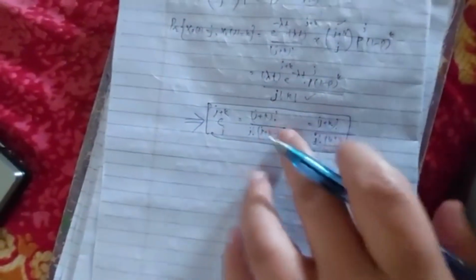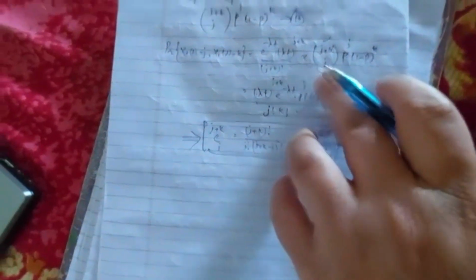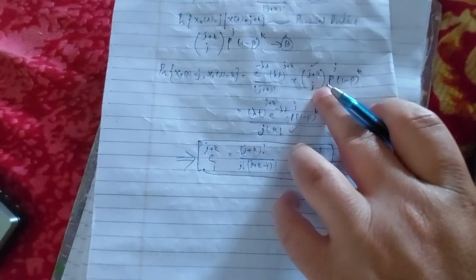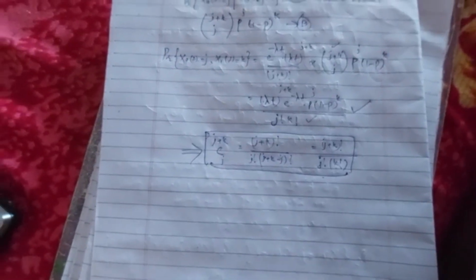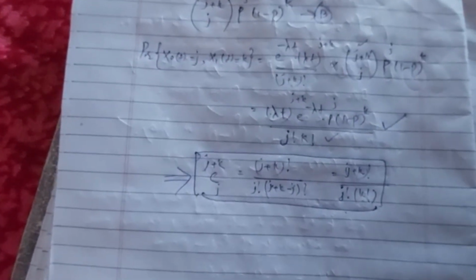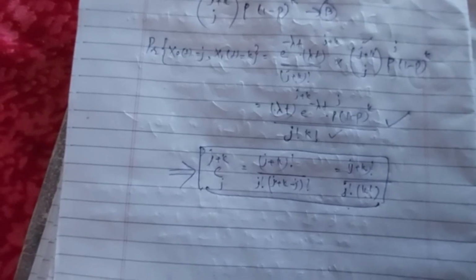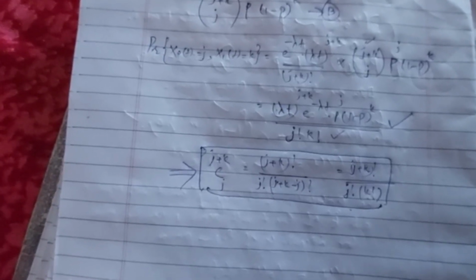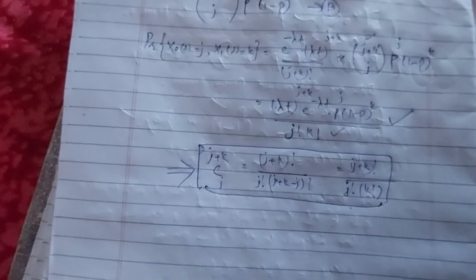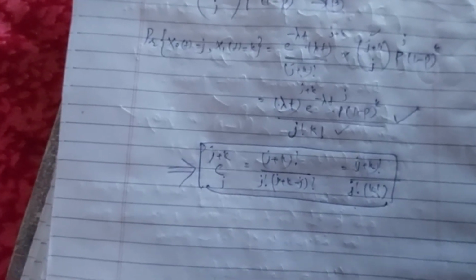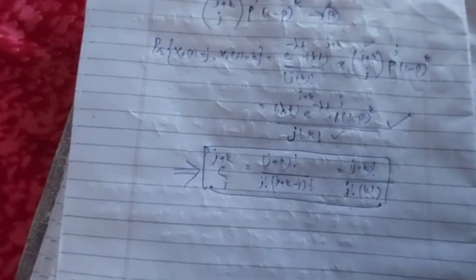This was just for your understanding. I just opened this combination j plus k combination j. The rest is the same. So this is the final equation that we get for the marked Poisson process. This represents that if we have two types of events occurring over time period t, we can exclusively find the probability for each of the events to occur a specific number of times.